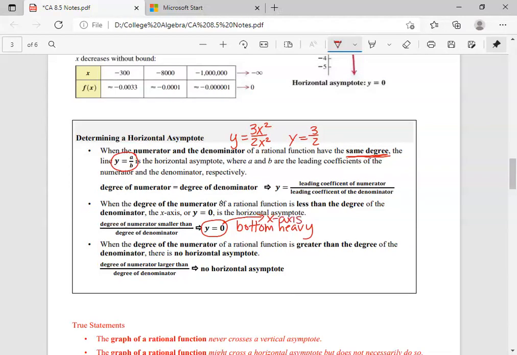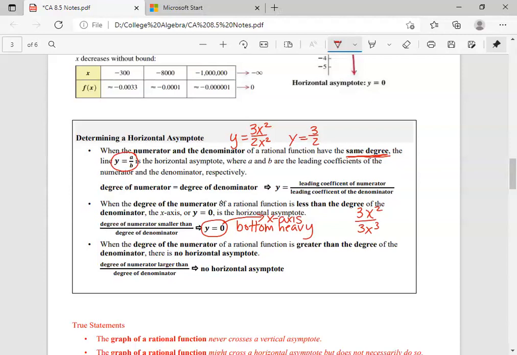So if it is bottom heavy, you're going to have a horizontal asymptote at y equals 0. We're going to go over this stuff, but this would be an example of that. If I wrote down 3x squared over 3x to the third, that one is bottom heavy because x to the third would be bigger than x squared. This would have a horizontal asymptote at the x-axis.